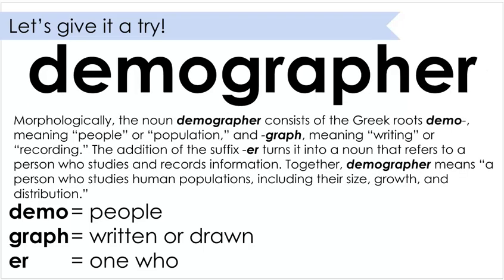Our word is demographer. That's a word we're not familiar with. So demographer, morphologically, the noun demographer consists of the Greek roots demo, meaning people or population, graph, meaning writing or recording. The addition of the suffix er turns it into a noun that refers to a person who studies and records that information.